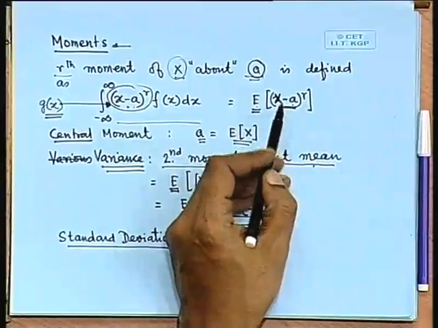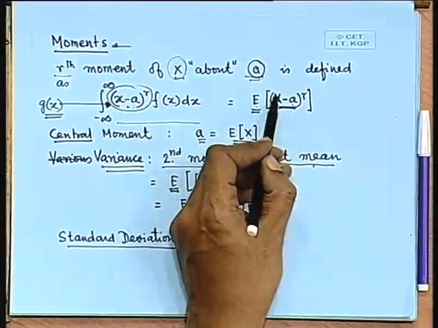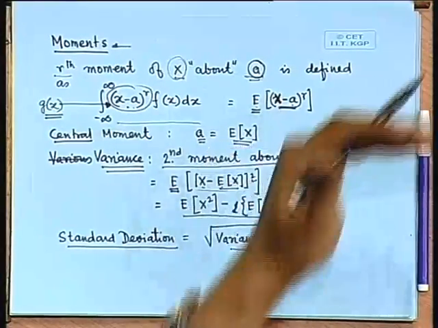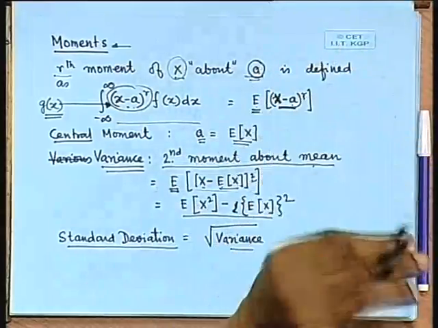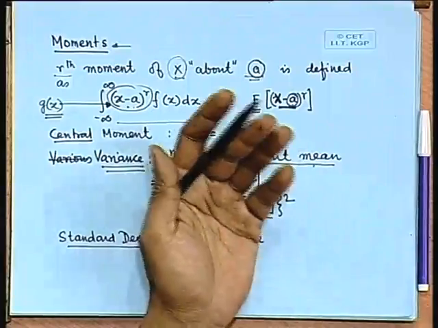So, obviously what are we trying to find out here? We are trying to find out some measure of how much this random variable is away from a, small a. This small a number we can choose as anything, and in general we are very much interested to know the expected value by which a random variable is away from its expected value.